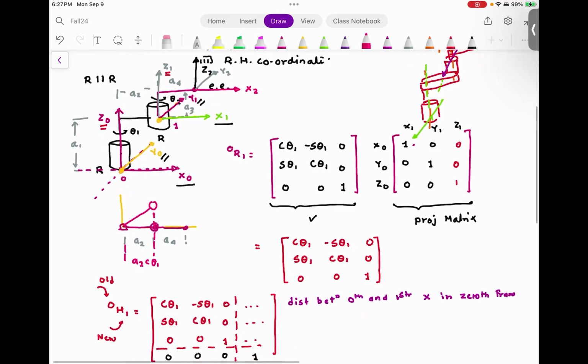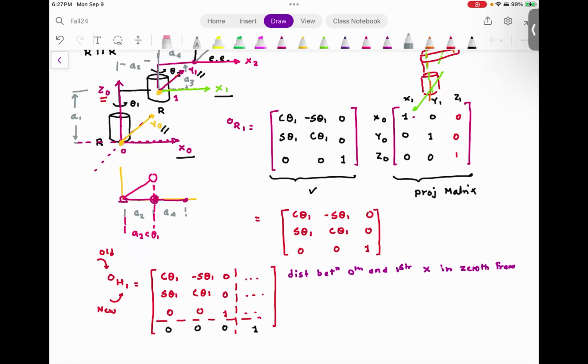Which means what I should write down here is extremely important. Now I'll spend 1 more minute on this. This is the key. Once you get your homogeneous transformations right, forward and inverse kinematics is a piece of cake. So you have your rotation matrix, and here you need to find the displacement relationship between the new frame and the old frame with respect to the old frame.